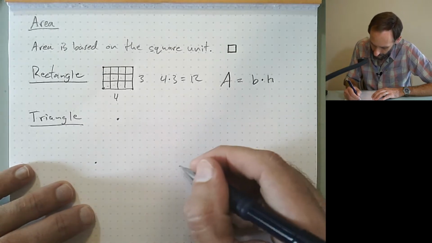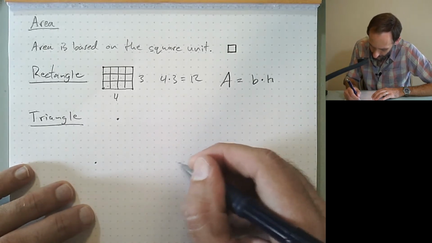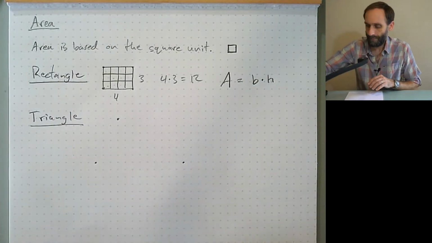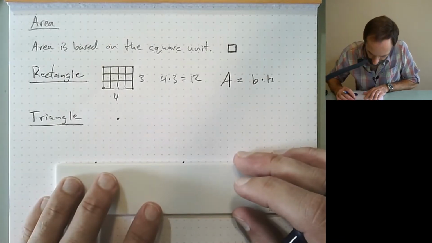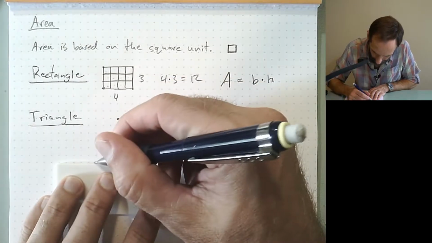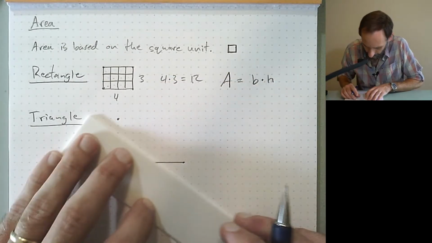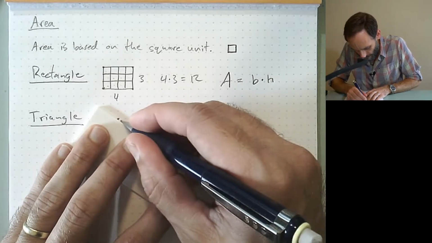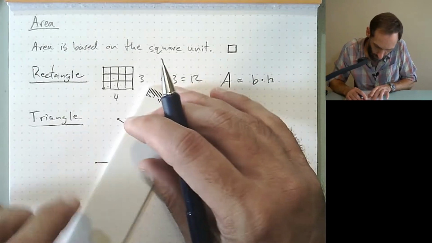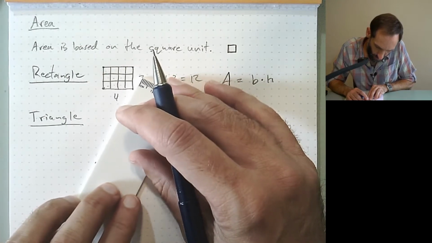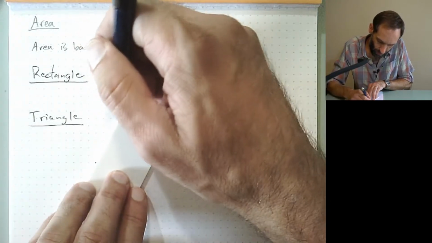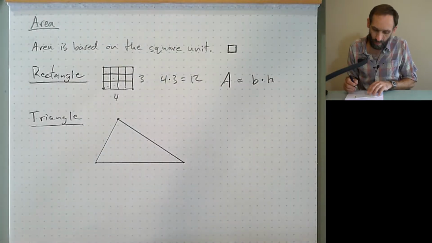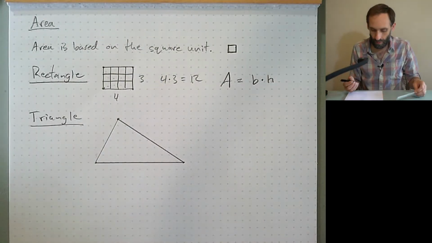I'm going to go ahead and draw it out nicely with my straight edge here. Now, you probably already know the formula for the area of a triangle. That's okay. I still want to go through one method that we could find it.